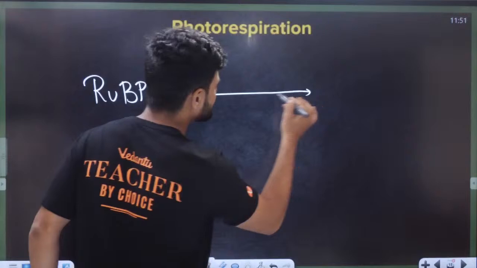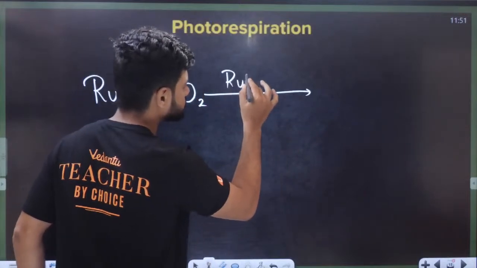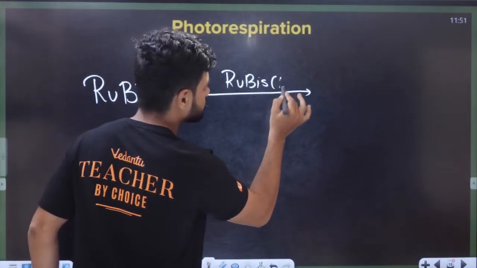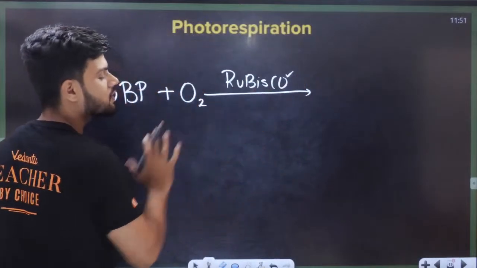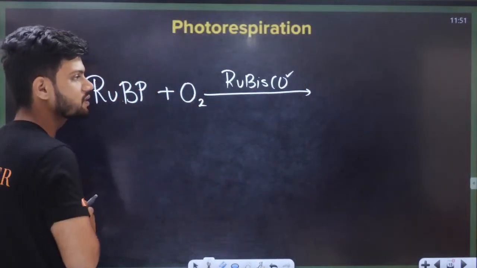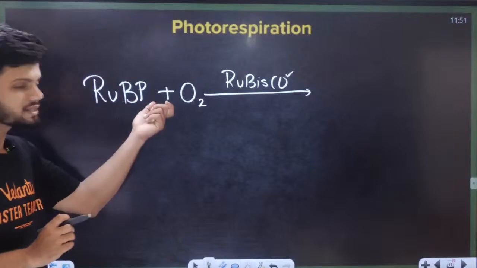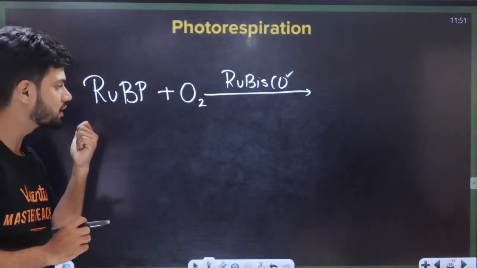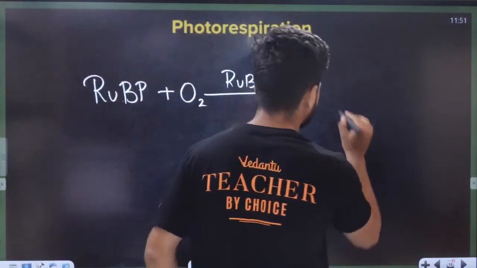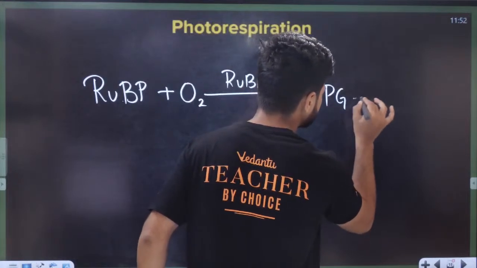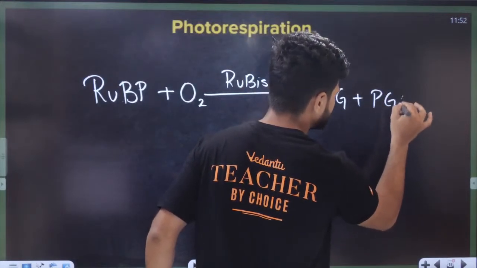Why? Because of the enzyme Rubisco, carboxylase, oxygenase. As a result of this reaction, we will end up getting PG plus PGA.